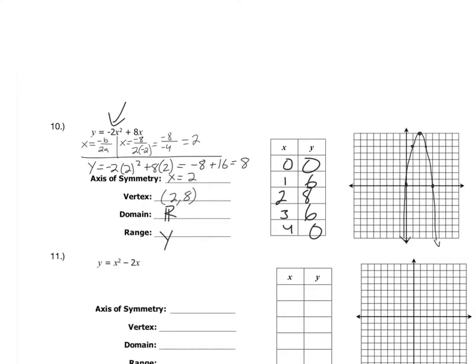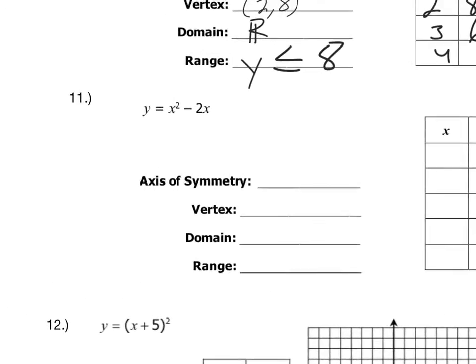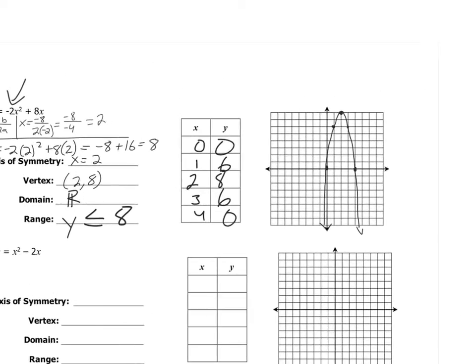Well, the parabola is opening downward, so it's going to be less than or equal to, and then the y value of our vertex is 8. And hopefully that makes sense, because if you look at y equals 8, the graph is all going downhill from there towards negative infinity, and that's why your range is y is less than or equal to 8. And there are no values above 8.